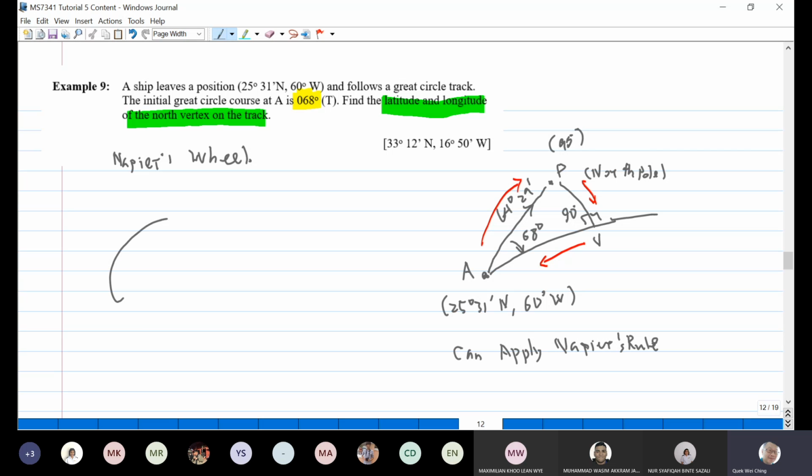You draw a view something like this, then divide it in two parts, the bottom divided in three parts, and then the top is V. V is 90 degrees.